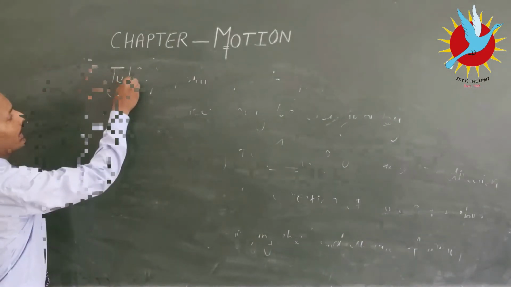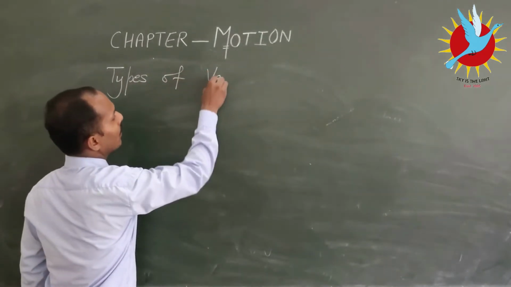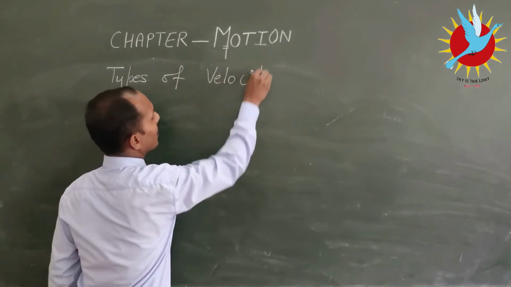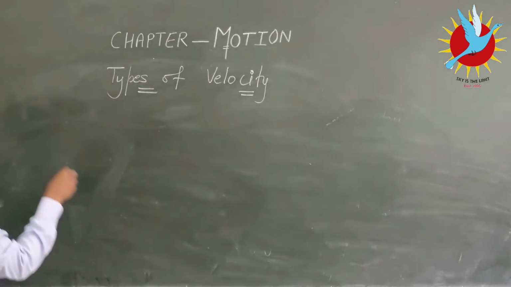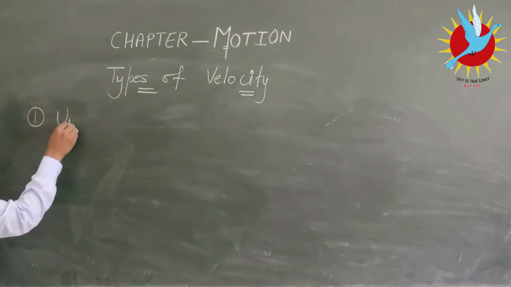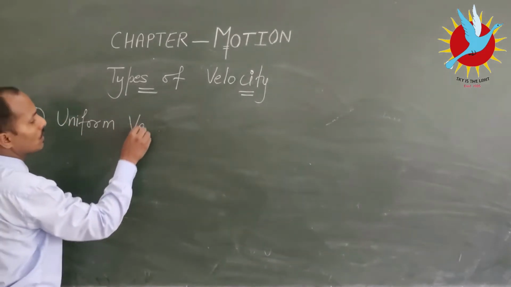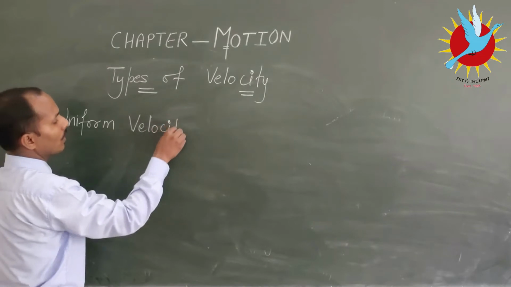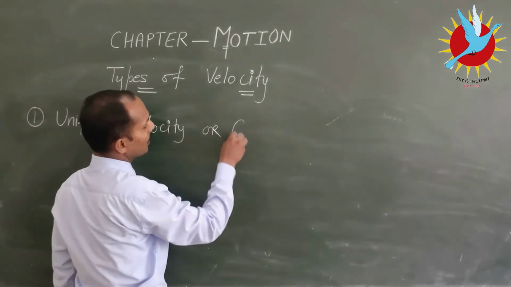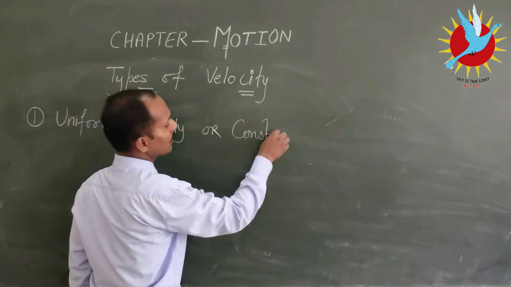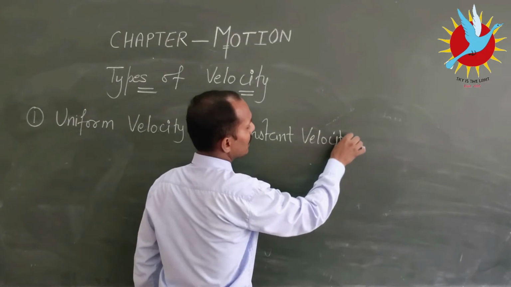Now our next point is types of velocity. The first type is uniform velocity, or constant velocity.